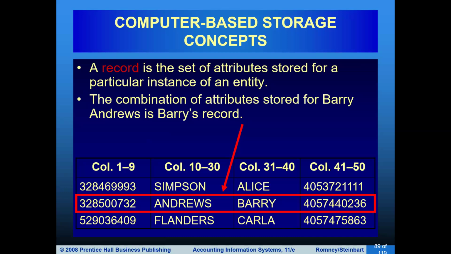A record is a set of attributes stored for a particular instance of an activity. The combination of attributes stored for Berry Andrew is Berry's record. All the details related to one person is a record. Taking one attribute of the person, we call that a field. Columns are fields, rows are records.